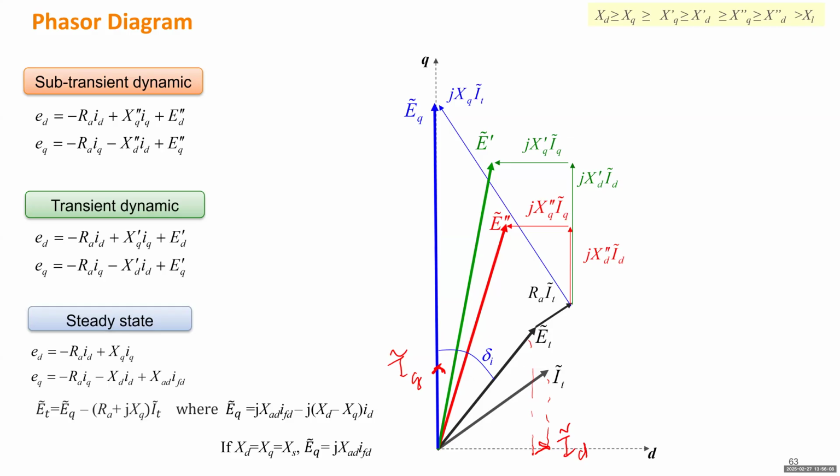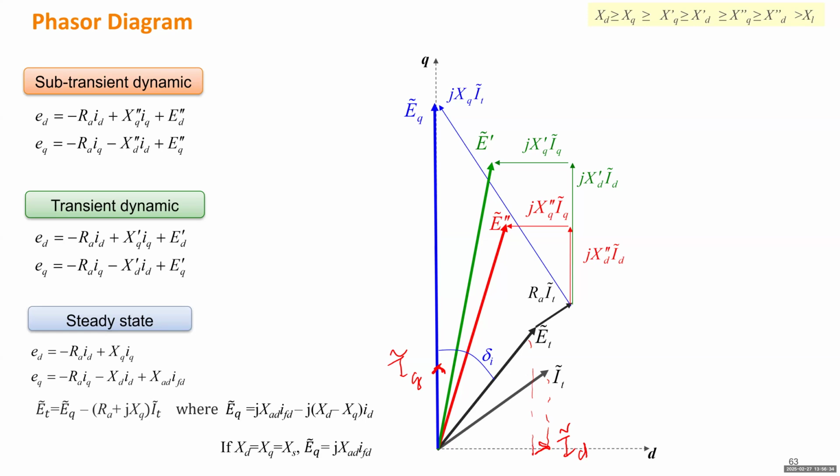So SD single prime from this equation is multiplied by the ID. So it needs to be multiplied by the phasor, capital ID tilde. The capital ID tilde is basically just the phasor of the ID. And this one will be orthogonal to the D axis, right? Because there's a J here.